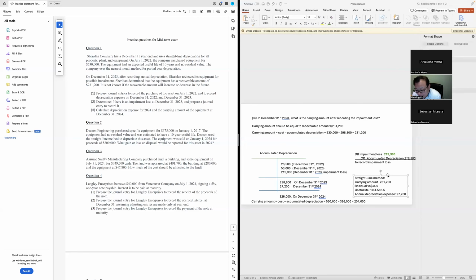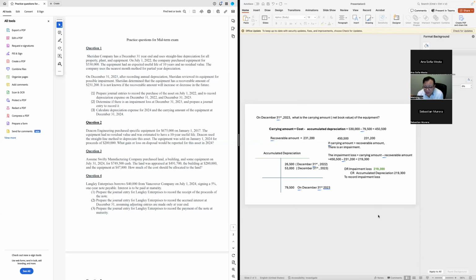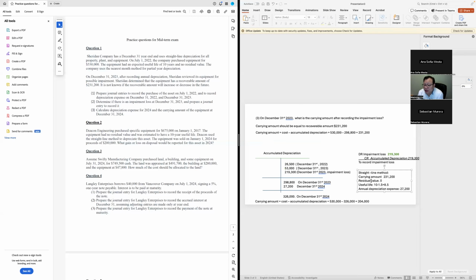And you can see that for the straight line method, originally we calculated based on the cost, residual value, and useful life. We calculated the annual depreciation as 53,000, right? But then, very interesting, because there is impairment loss, I have to recalculate my depreciation expense.